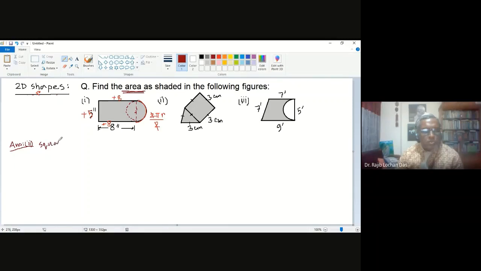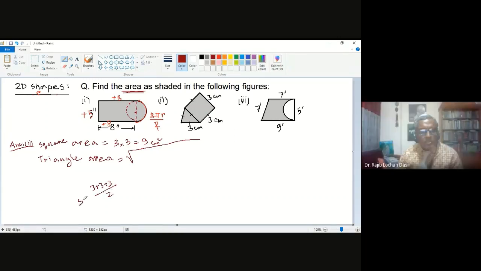Square area is just 3 into 3. That's all. It is 9 centimeter square. And triangle area is root over s into s minus a, s minus b, s minus c, where s is 3 plus 3 plus 3 by 2, that is 4.5. That is your s.